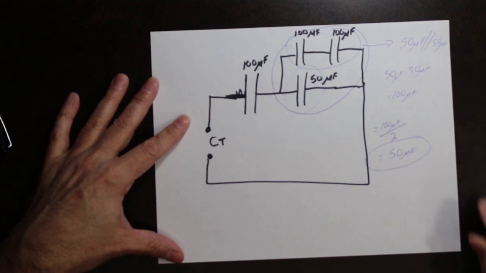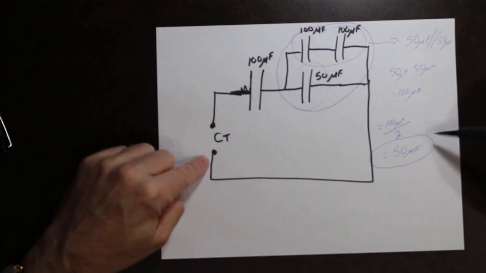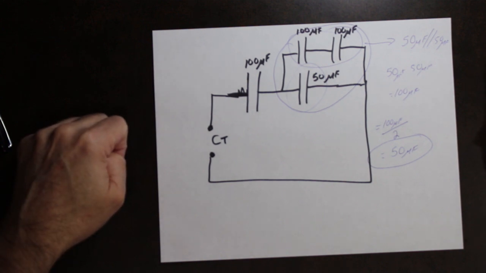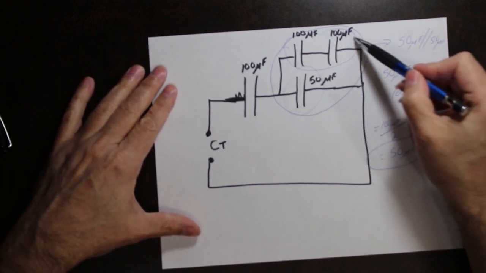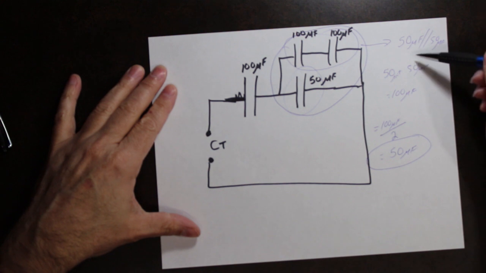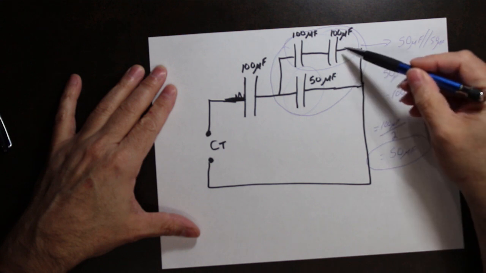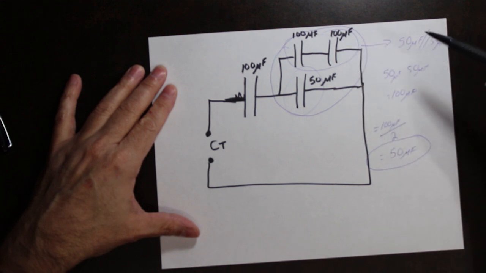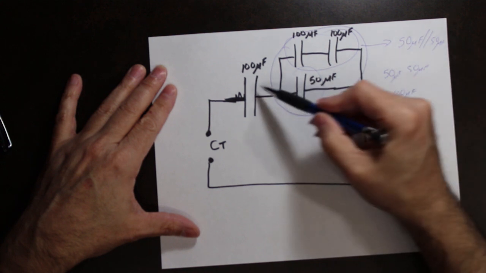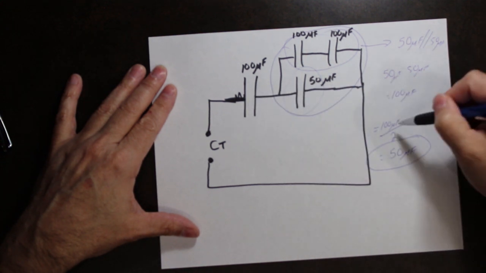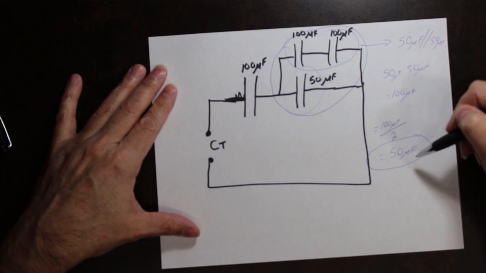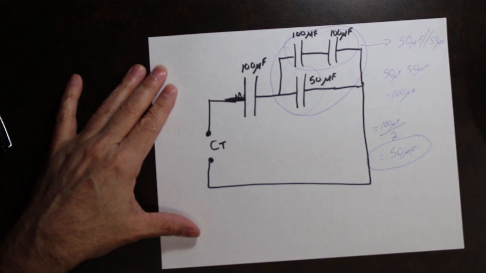So the total capacitance of this circuit is 50 microfarads. So again, solving this, we end up with one capacitor of 50 microfarads. Then I have a 50 and a 50 in parallel, giving me 100. Then I have 100 and 100 in series, giving me 50 microfarad total.